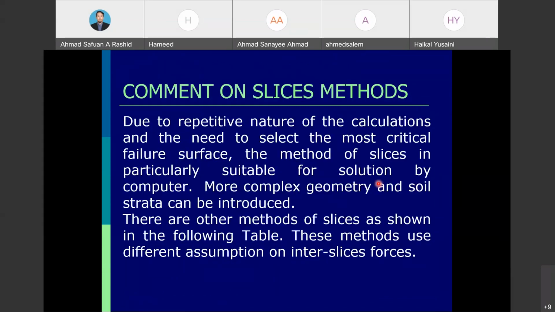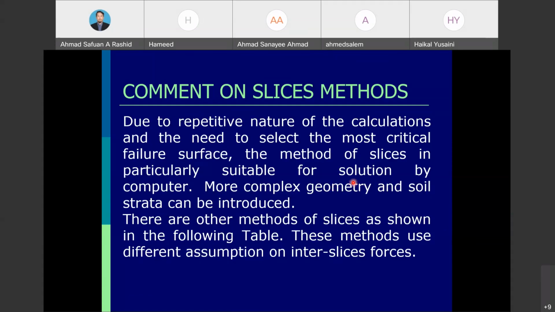Due to the repetitive nature of the calculation and the need to select the most critical failure surface, the method of slices is particularly suitable for solution by computer. So in the end, this approach is suitable to be carried out by using software, so more complex geometry and soil strata can be introduced.